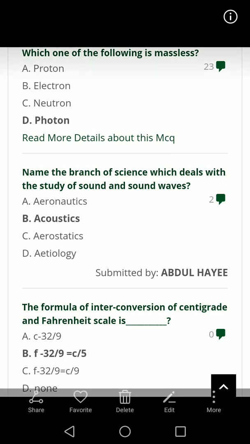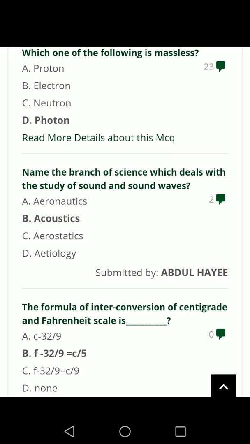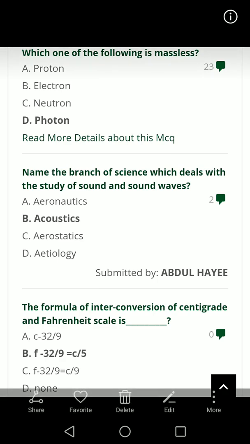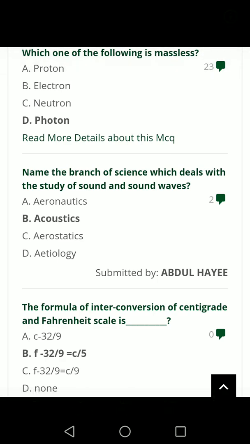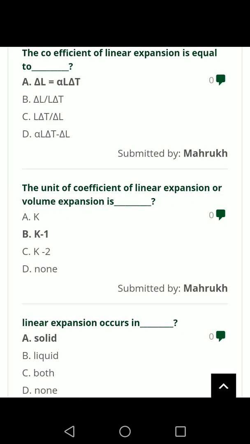The formula of interconversion of centigrade and Fahrenheit scale is (F minus 32) divided by 9 is equal to C divided by 5.